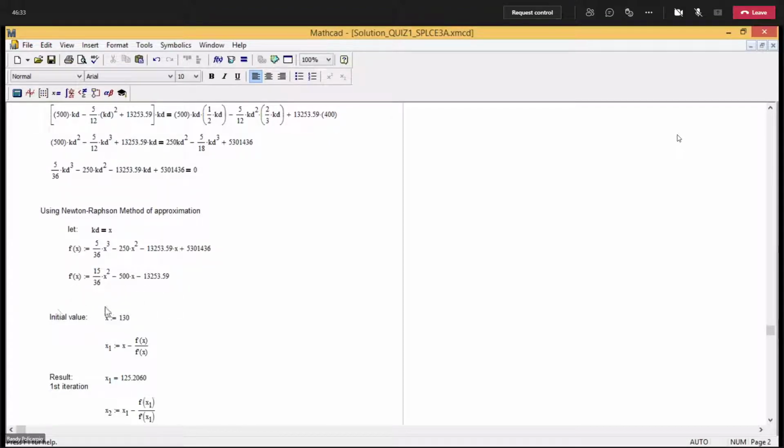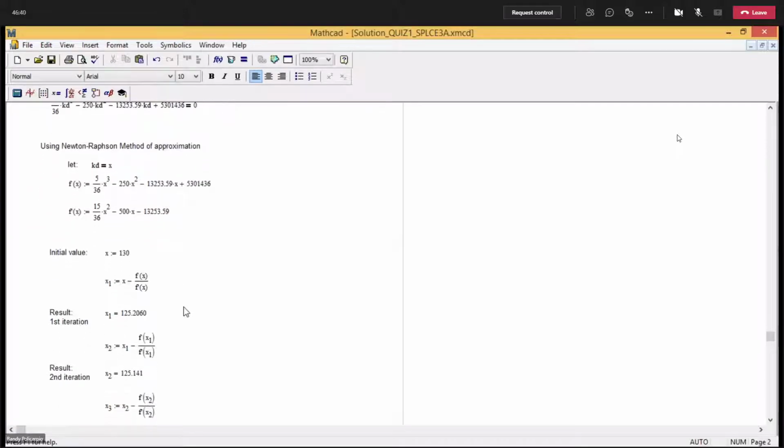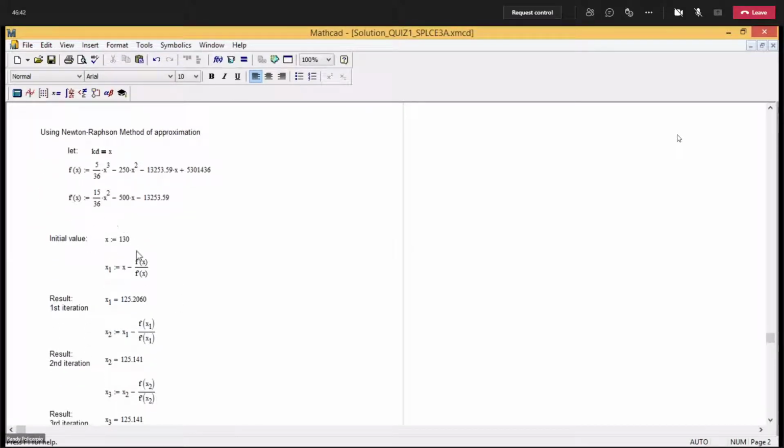Ito yung first derivative niya, f prime of x to. And then you're going to assume an initial value. Ito yung initial value mo, and then use this formula. You get the first result of the iteration using x minus the ratio of f of x to f prime of x.